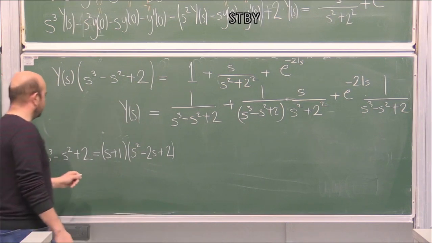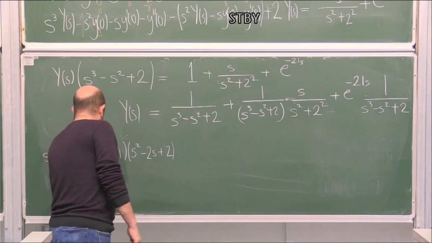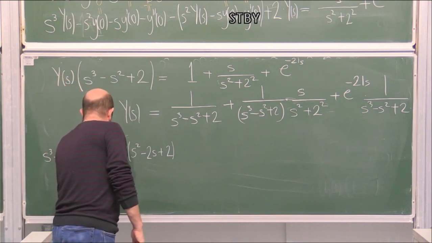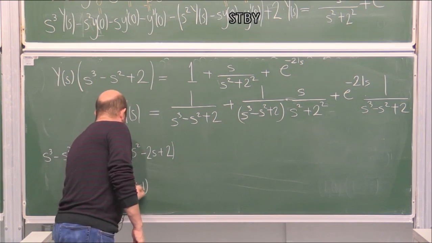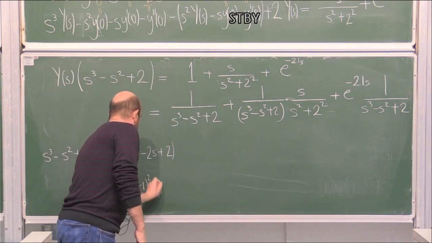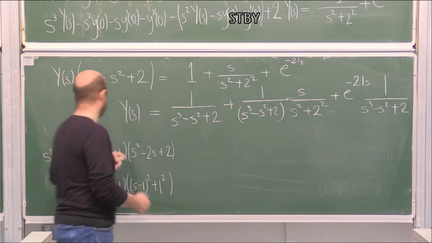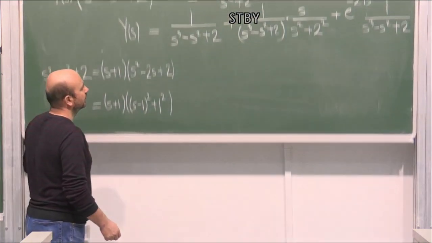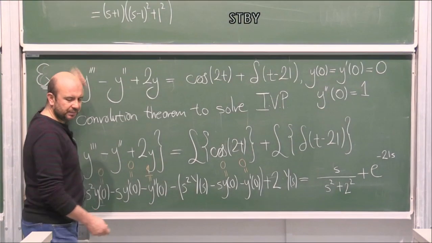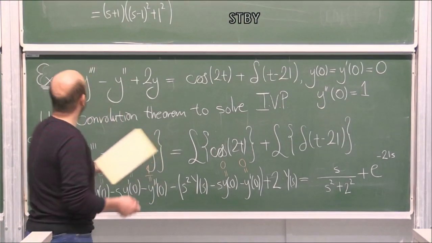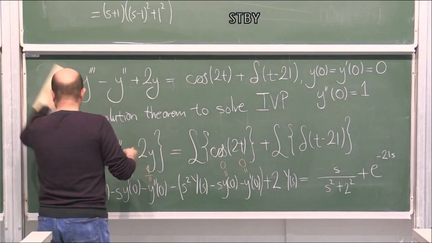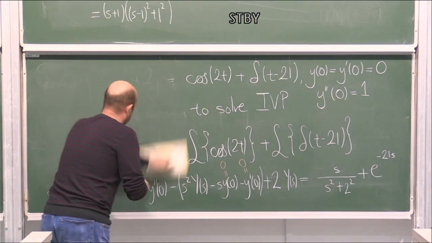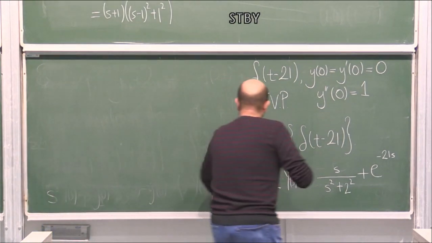And this can be written, obviously, as s plus 1 times s minus 1 squared plus 1 squared. And so now I'm going to use this factorization to compute the inverse in terms of convolution.